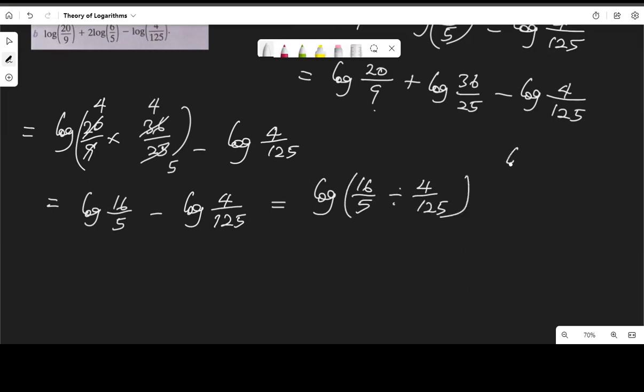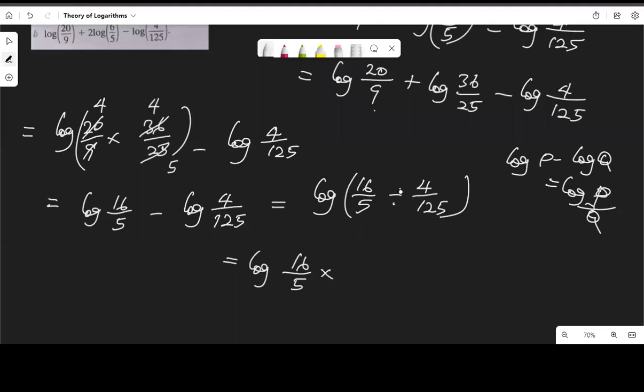That is, I apply the law that says log p minus log q is equal to log p over q. Over is the same thing as divide. So because I have fraction, I want to make it clearer there. So I have log 16 over 5.